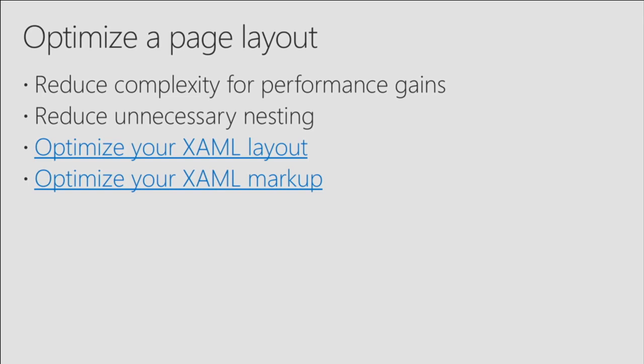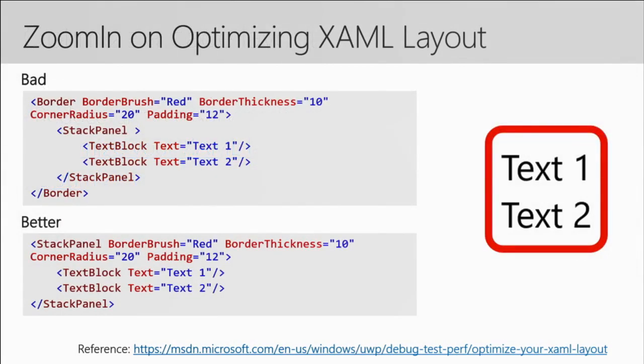With the grid, there's not as much computation that needs to happen in the engine to make that layout happen, because the grid says 50% here, 500 pixels wide here, and we're good to go. That's less computational overhead. So we have some links to optimizing your XAML layout and optimizing your XAML markup. That's what we're talking about here. And you see, we use an example here. We have a stack panel within a border.